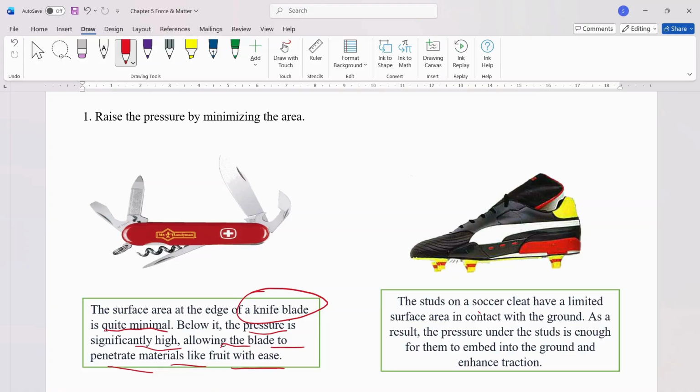The studs on the soccer cleat have a limited surface area in contact with the ground. As a result, the pressure under the studs is enough for them to embed into the ground and enhance traction. So, here is an example of soccer, here is an example of a knife, explaining how pressure works.